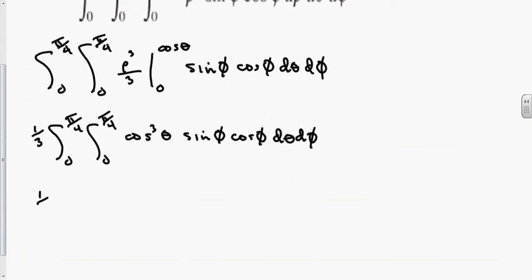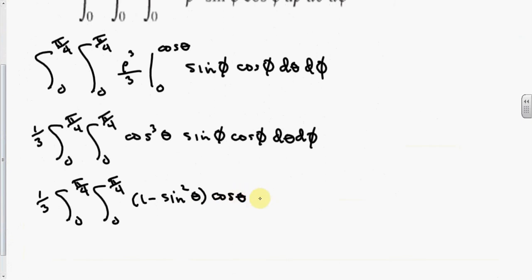So this is 1/3 times the integral from 0 to pi over 4, the integral from 0 to pi over 4. This is 1 minus sine squared theta times cosine theta. This is sine phi cosine phi d theta d phi.